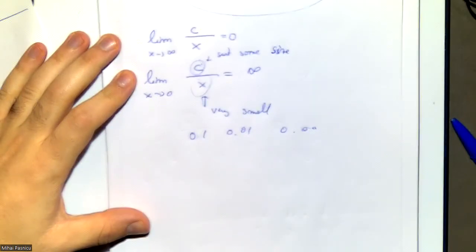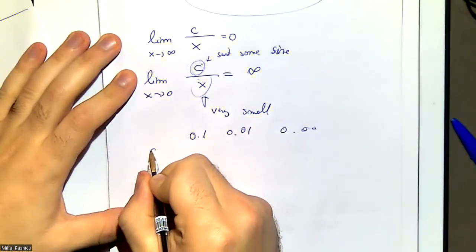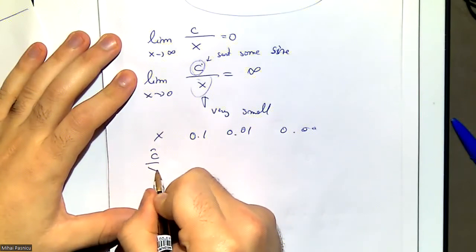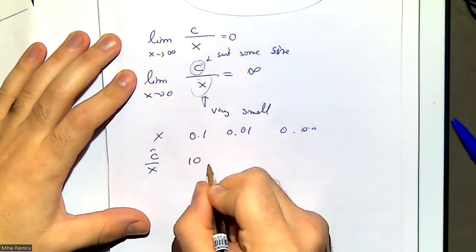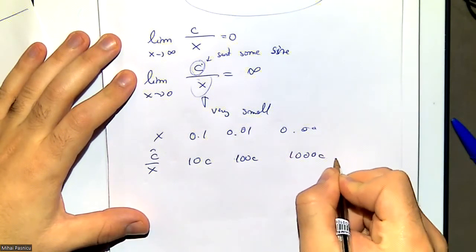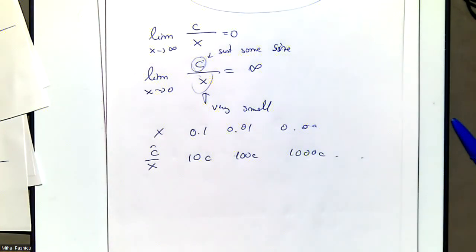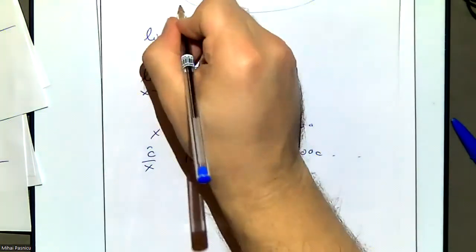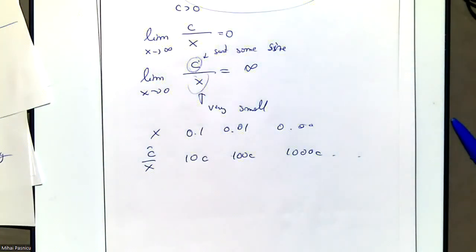And this is my x, then my c over x is going to be 10c, 100c, 1000c, etc. As you can see, it just goes to infinity. All right, I should have made a claim, but we're going to assume that c is positive, just so I don't get minus infinity.